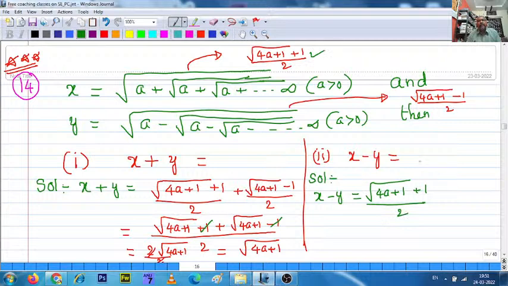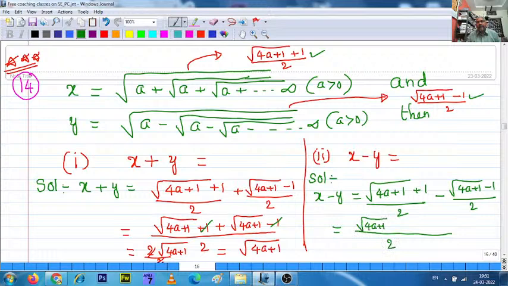So this value and minus this value we need to write, root of 4a plus 1 minus 1 upon 2, right? So now the 2 is being taken as LCM. So root of 4a plus 1 plus 1 minus root of 4a plus 1, negative into negative, it's a very important step, plus 1. Root of 4a plus 1 cancels, 1 plus 1 is 2, 2 upon 2 is 1.